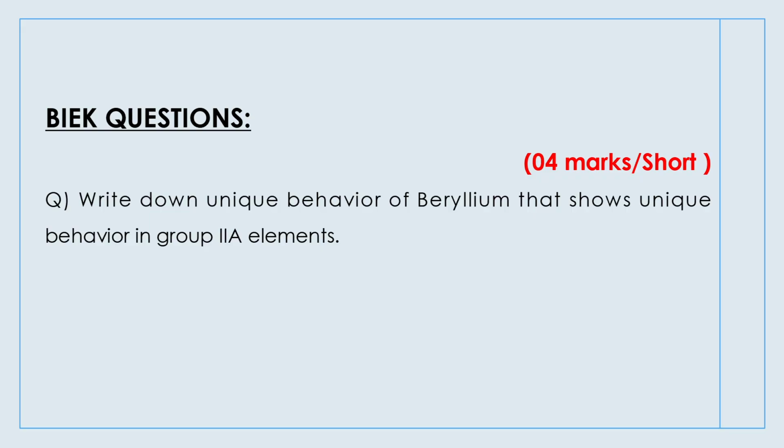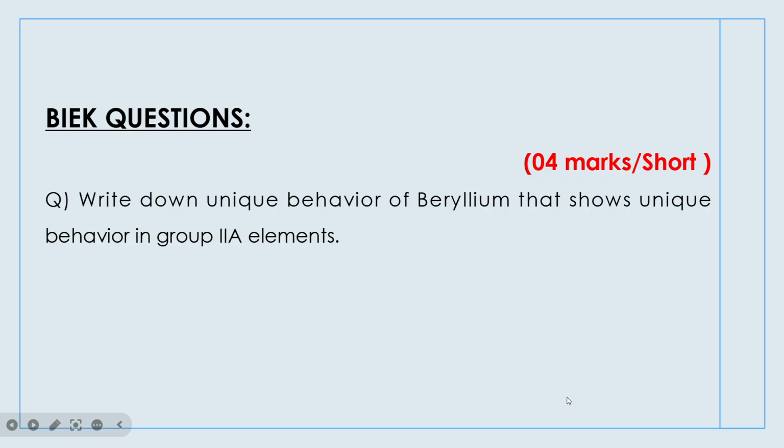They might rephrase this question, but the content will be the same. If they ask you to write down the unique behavior of beryllium and list any 3 properties, then it's completely up to you which 3 properties you want to list. And if they are not mentioning the number of properties, then it means for 4 marks you have to write all the 4 properties, which means that each property is of 1 mark.